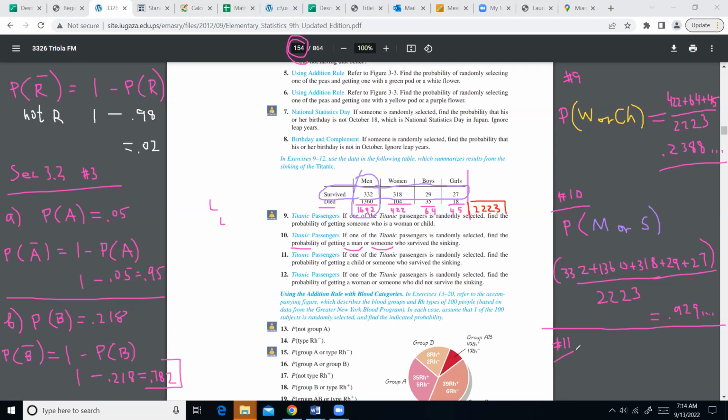So in exercise 11, again, they want to find the probability of getting a child or someone who survived. So it looks like now they still care, let me write it down, probability that they have a child or someone who survived.